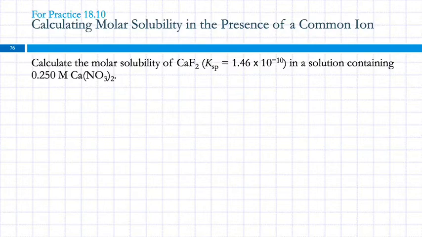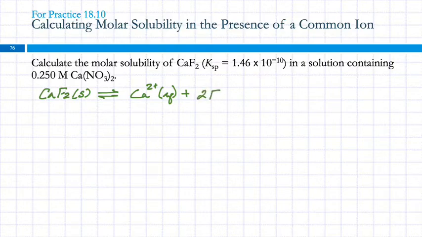We'll start by writing the equation for calcium fluoride dissolving. We're going to get calcium ion and 2 fluoride ions, and we've got our KSP there.